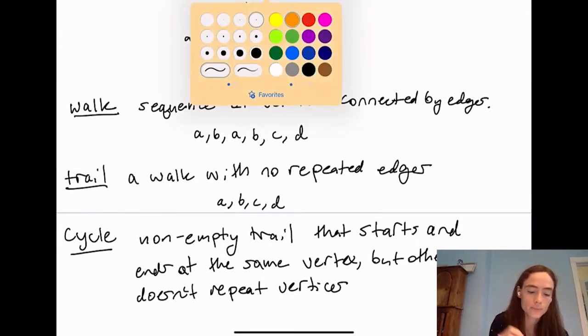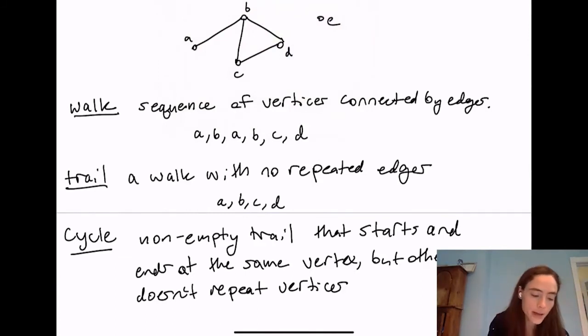So if we start at A, the only edge we can follow is from A to B, but if we go from A to B, there's no way to get back to A without repeating the edge AB. So there can't be a cycle in our graph that contains A. If we start at E, there's no edge we can follow. And because a cycle is a non-empty trail, that means there can't be any cycle in our graph that contains E.